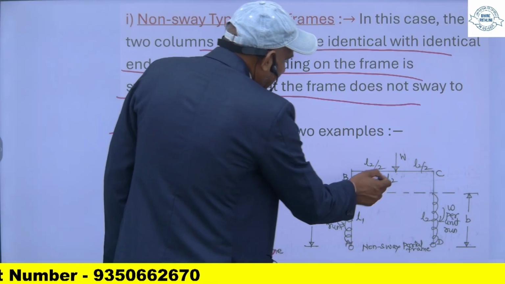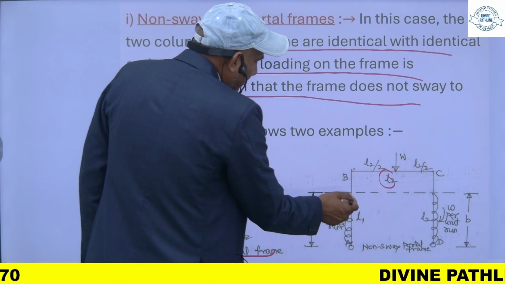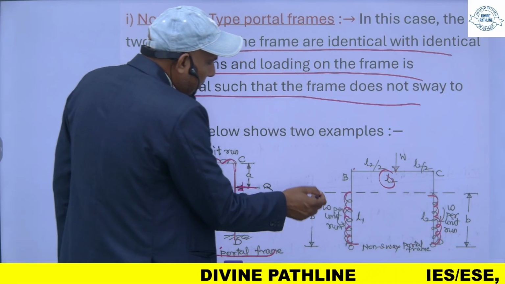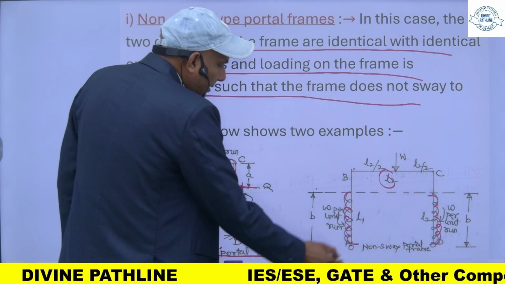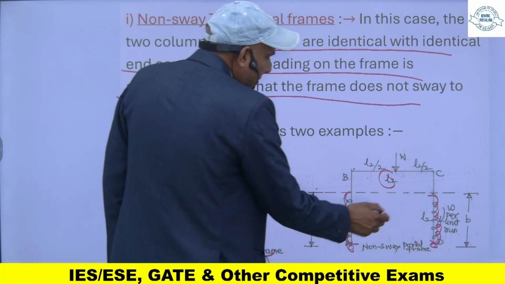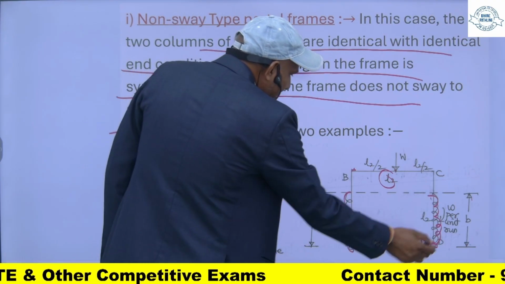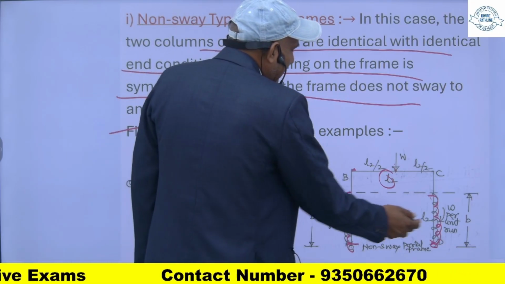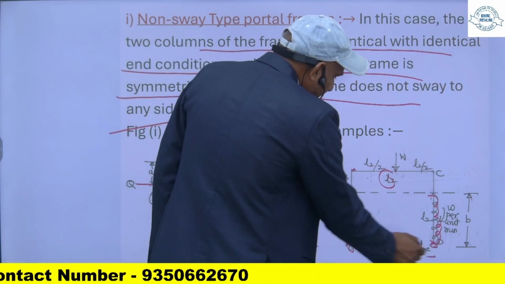Suppose this load is acting at L2 by 2, this length is L2, and on this member there is a UDL for a height of B. This B is the same, this end is hinged, this is also hinged. So this L1 and L2 are the same. So identical end conditions, identical loading, and identical cross-sectional area. This is also a non-sway type of frame.